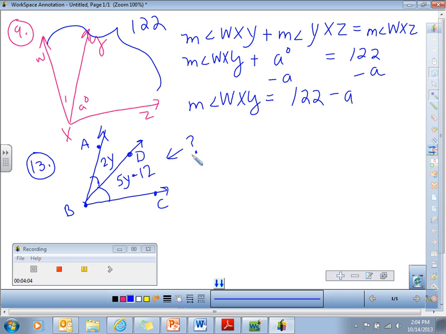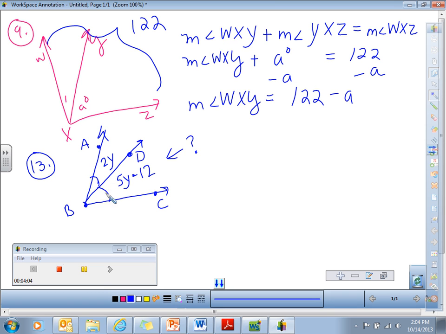Kyle, question? I don't know how to do it. Okay, the problem is 13. What does it say there? BD bisects ABC. Right, gotcha. BD bisects. That means it cuts the angle into two congruent angles. You go back to your definition and read angle bisector.